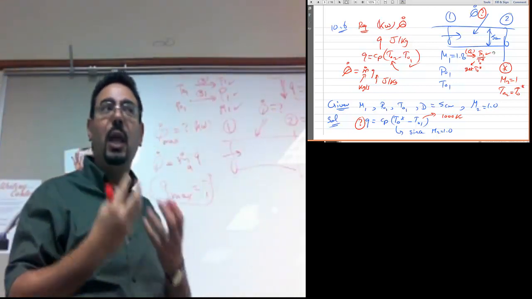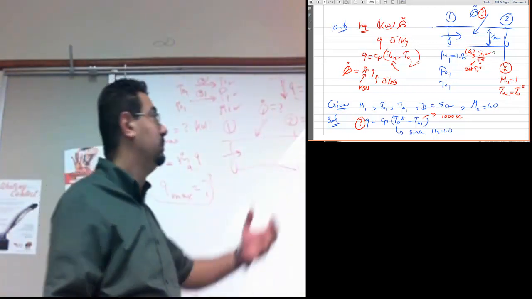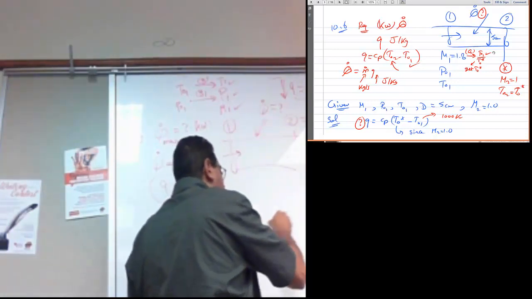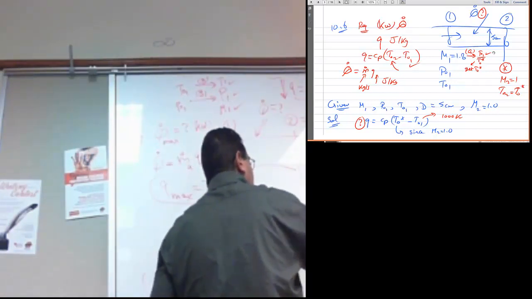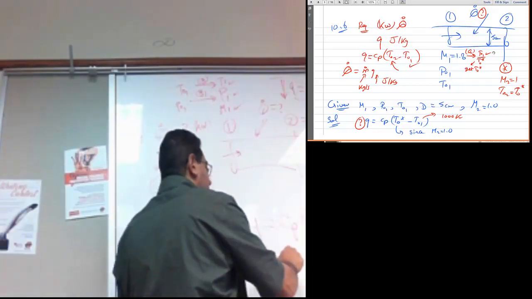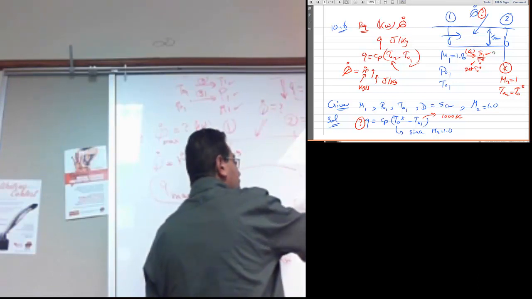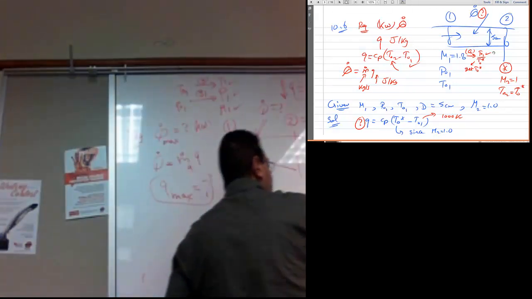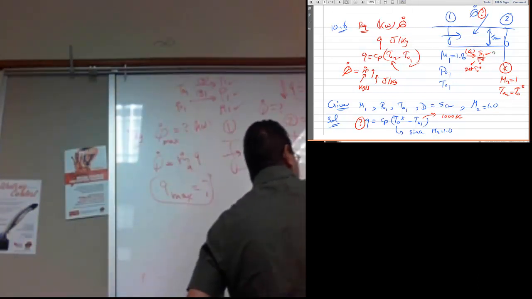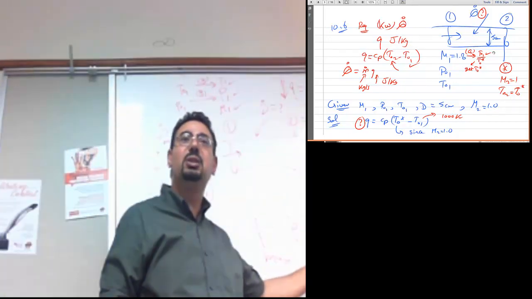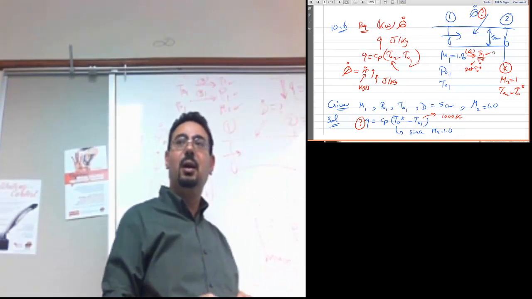What is the equation that will actually give me the Q? Oh, well, that's Q equals Cp delta T. So Q max should be equal to Cp times T naught star minus T naught 1, right? That's what will make it max, if T naught 2 is T naught star.